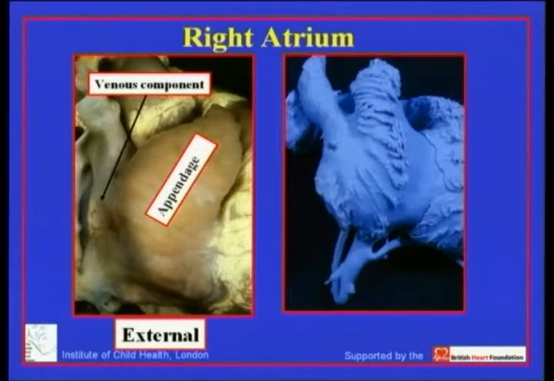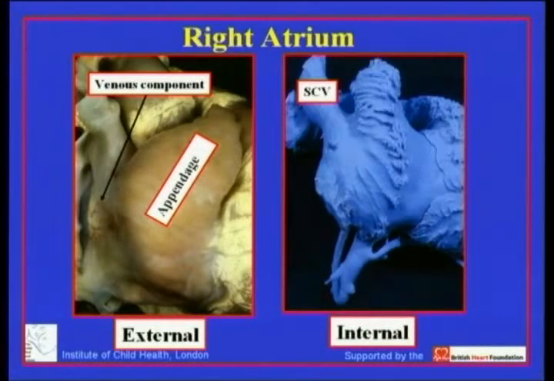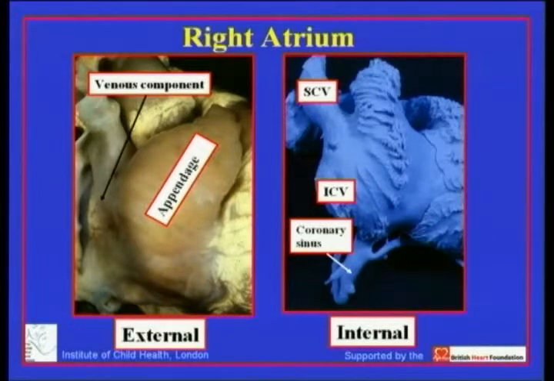Now we get an even better position of what's going on when we look inside the right atrium. And this is the cast that Andrew has already shown you. So the internal view, we're going to show it to you on several occasions during the course. And now beautifully you see these various atrial components. And you see that the venous component here is smooth-walled. And coming into that smooth-walled venous component, we have the superior caval vein, the mouth of the inferior caval vein, since we chopped that off at the diaphragm, and then the third crucial venous tributary, the coronary sinus.